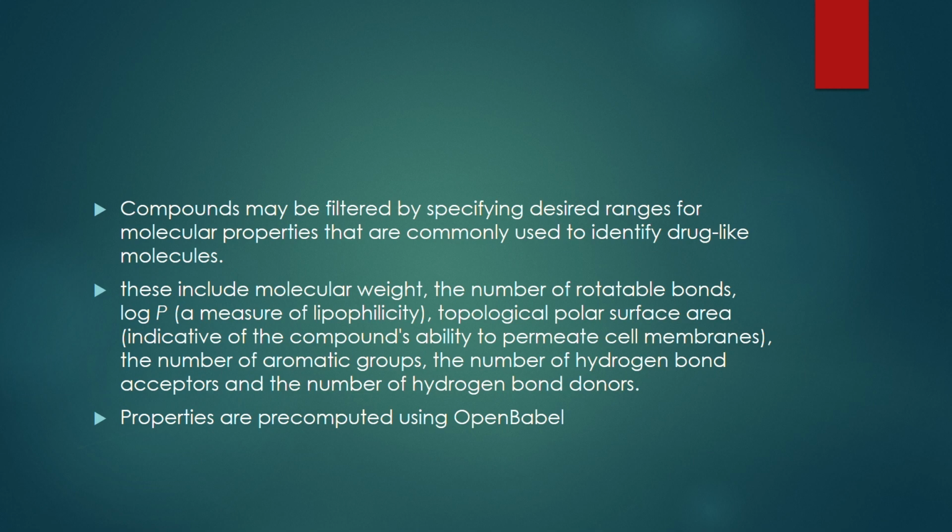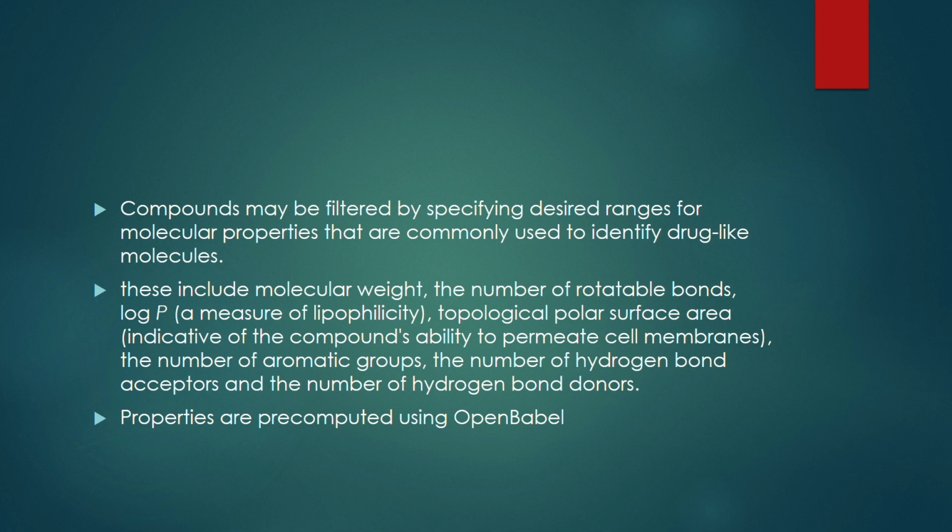Compounds may be filtered by specifying a desired range for molecular properties that are commonly used to identify drug-like molecules. Another feature Pharmit provides in the filter menu is that we can also filter by molecular properties of drug-like identities.